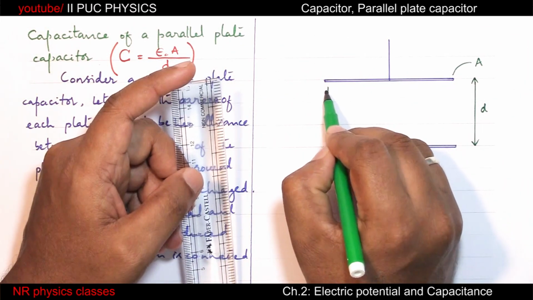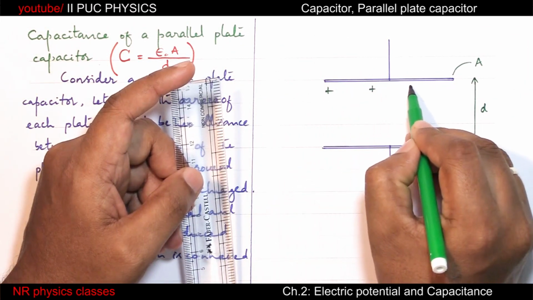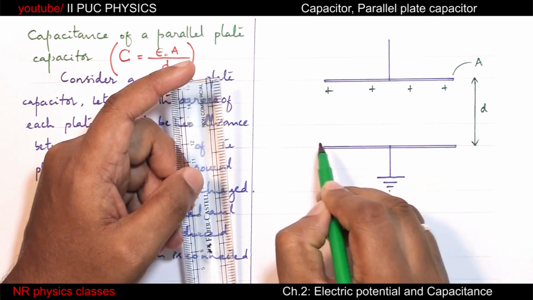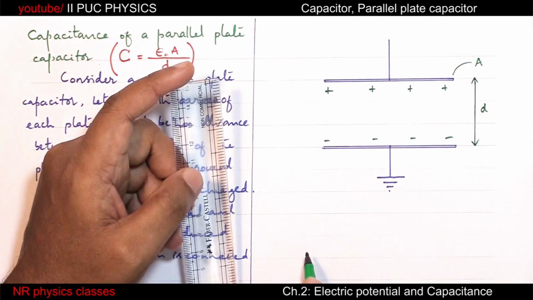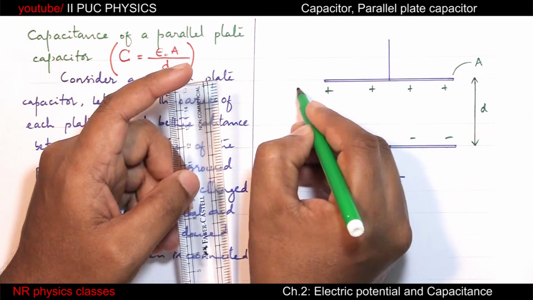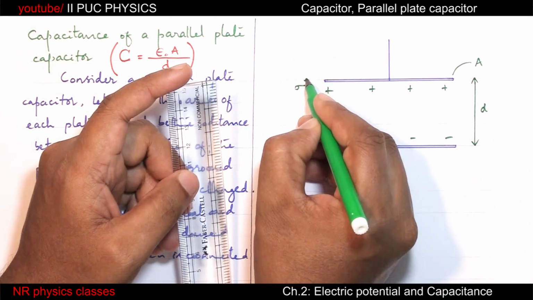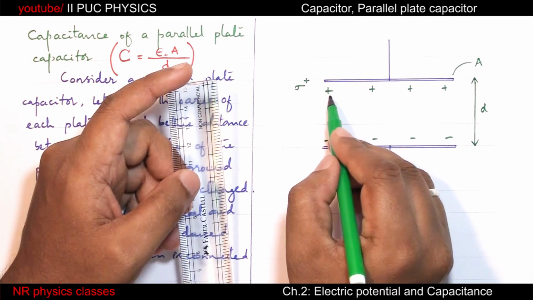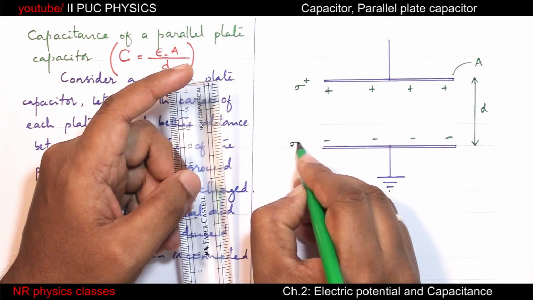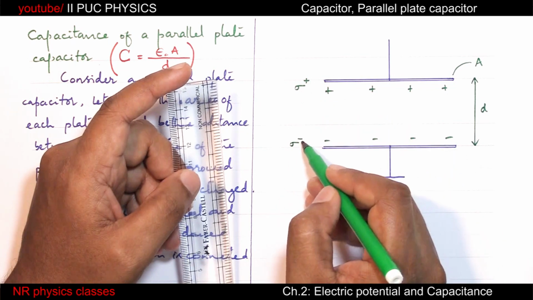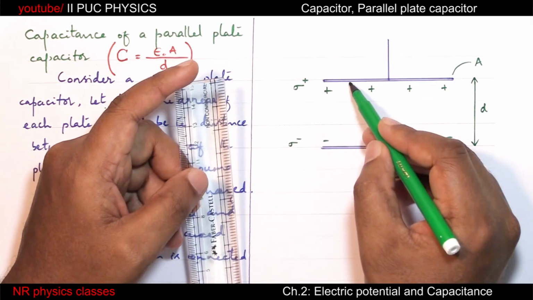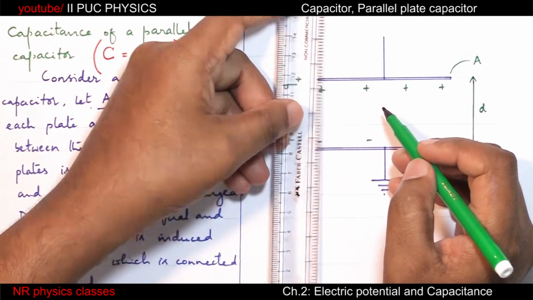Because of charge on one plate, equal and opposite charge is induced. So let this be sigma plus surface charge density, and this is sigma minus. But the magnitude of sigma plus is equal to the magnitude of sigma minus. There is an electric field between the plates.